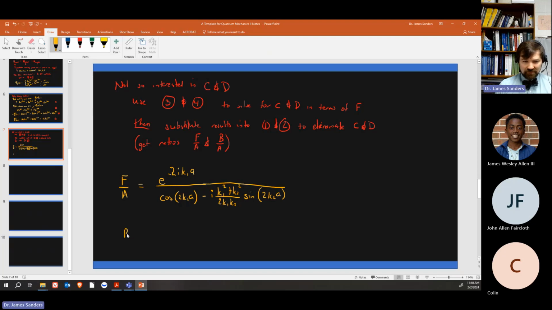And for the other one, B over A, it actually turns out to be equal to i times F over A times, not equals, times (k2 squared minus k1 squared) over 2 k1 k2 times sine 2 k2 a.